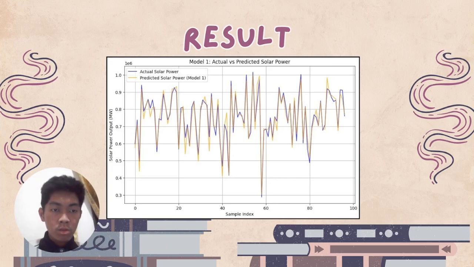So this is the result for Model 1. The plot compares Model 1's predictions with actual output values from the ANN. It generally shows acceptable predictive accuracy, aligning with the overall trend of actual values.